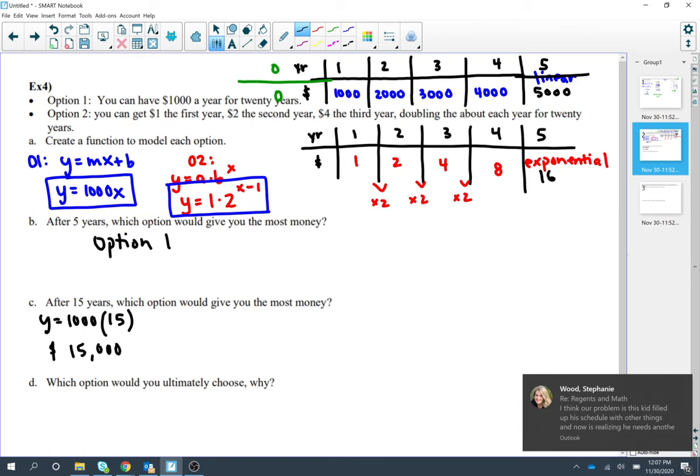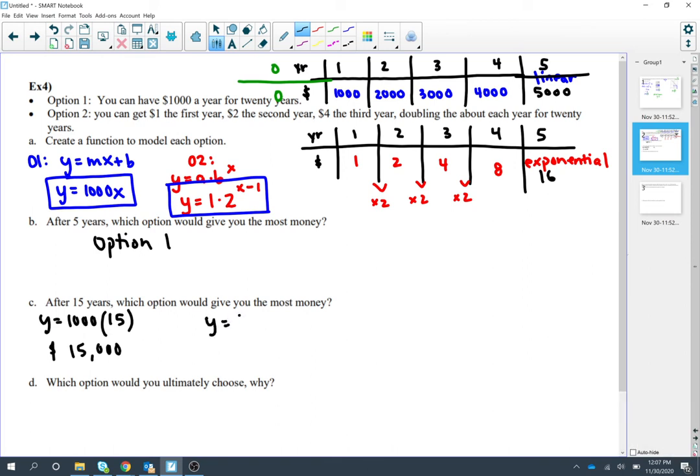Now, option 2, y equals 1 times 2 to the power of 15 minus 1. If I clean that up a little bit, that's going to be y equals 1 times 2 to the 14th power. I'm going to take my calculator and substitute that in, which gives me $16,384. So after 15 years, which option is going to give me the most money? Option 2.